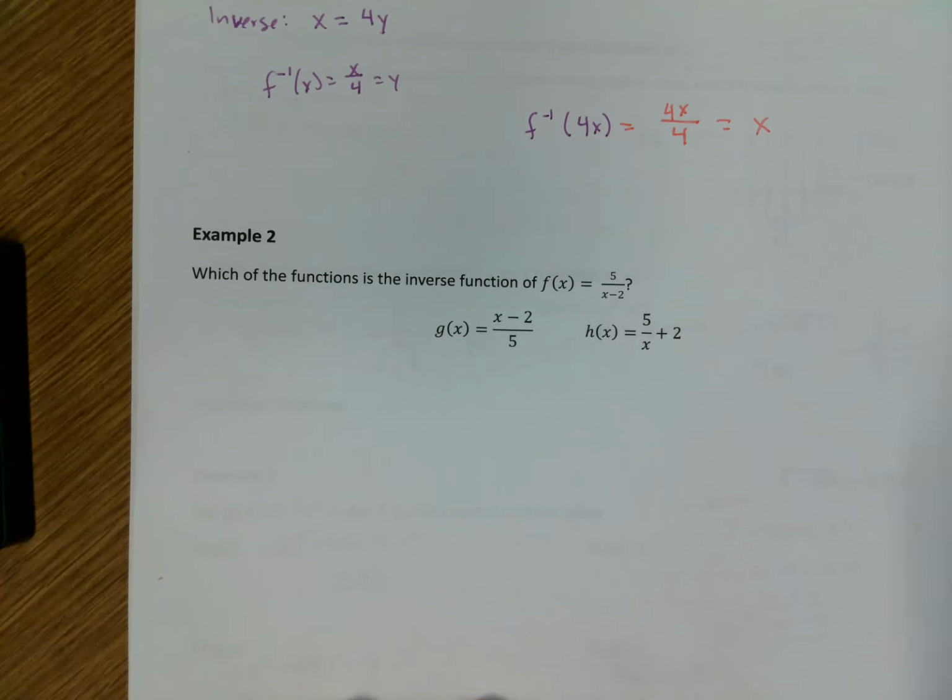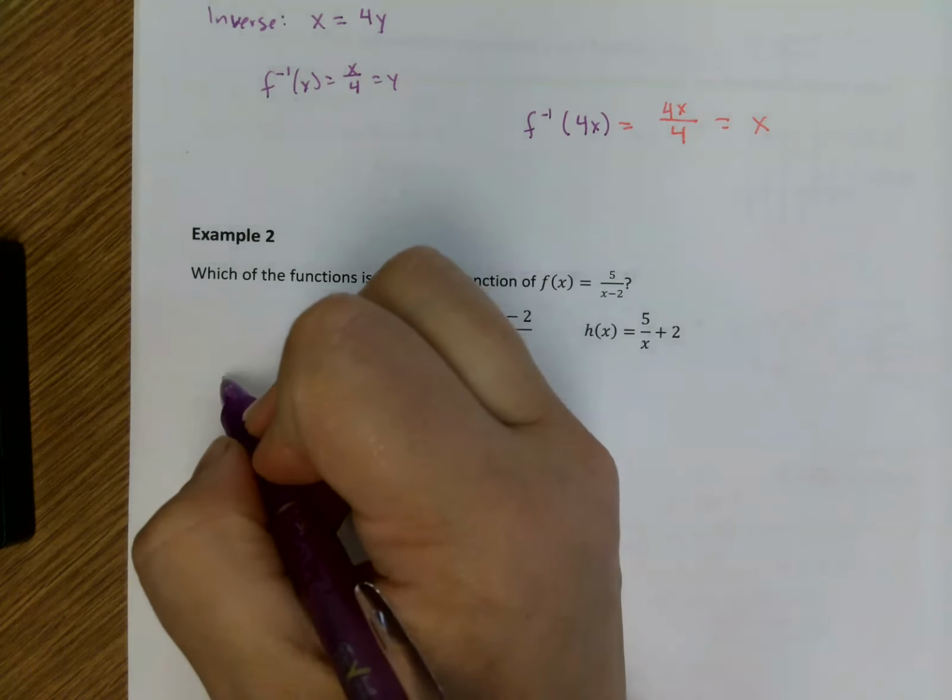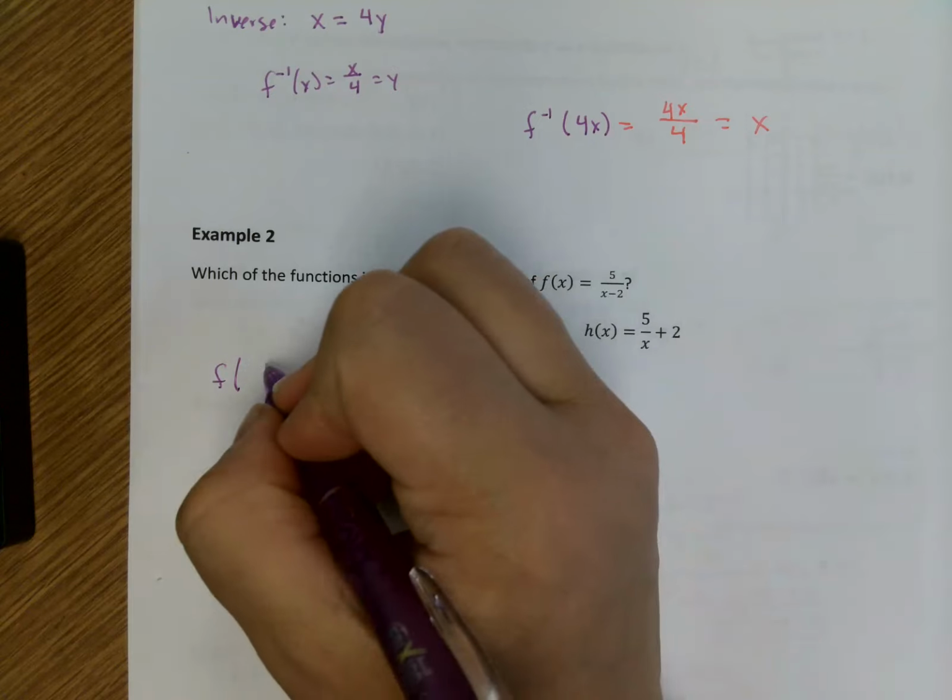The second question is asking which one is the inverse of the function. There are two ways you can go about doing this. You could find the inverse of the function, or else you could plug it in. So I'm going to take my function f and write down the function g.